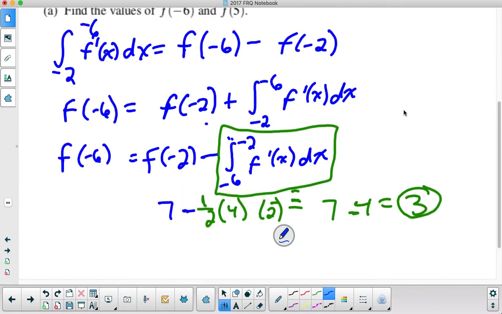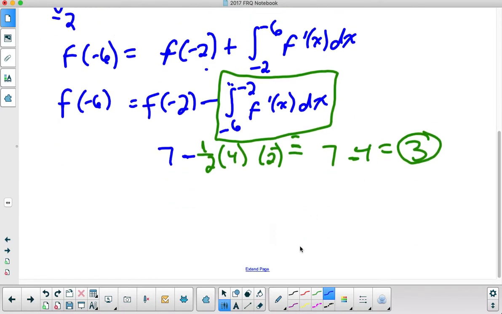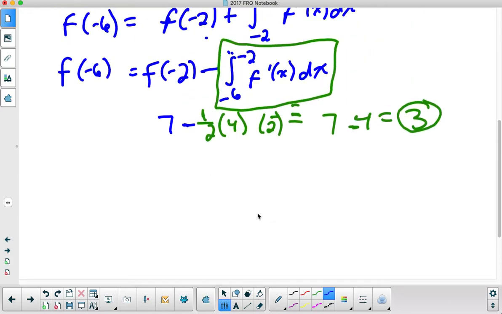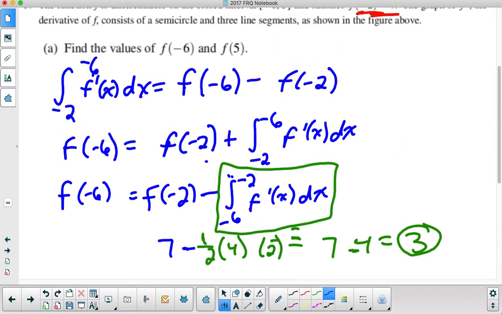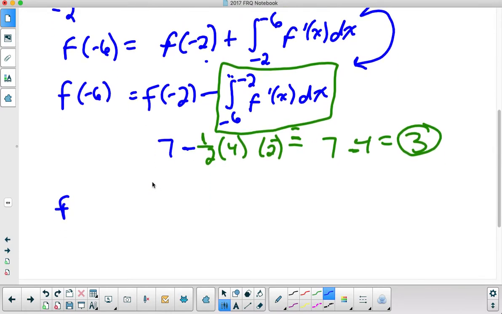The second part, f of 5. We're trying to find f of 5 for the second part here. Same setup. I'm not going to go through all of these steps like I did going from here to here. I'm just going to jump down to this. So f of 5 is going to be equal to f of -2, plus the integral from -2 to 5.